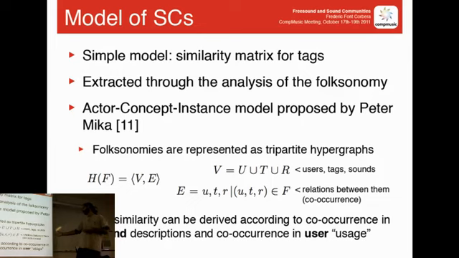In this case, two tags are similar in terms of sound if they co-occur in different sound descriptions together. And they are similar in terms of users if they are used together by different users. So this is the kind of similarity that I can learn from the folksonomy. Of course, this could be much more complicated, but for the moment it's this simple model.